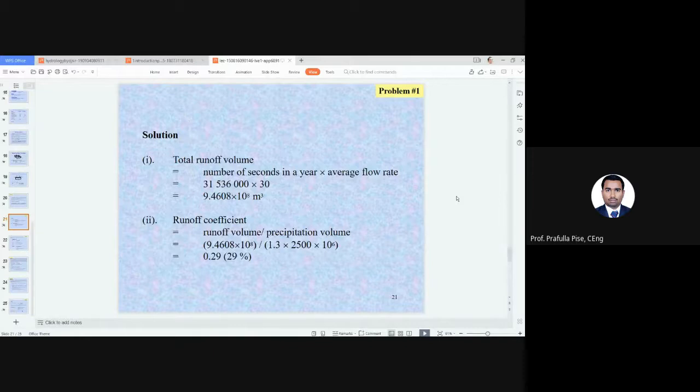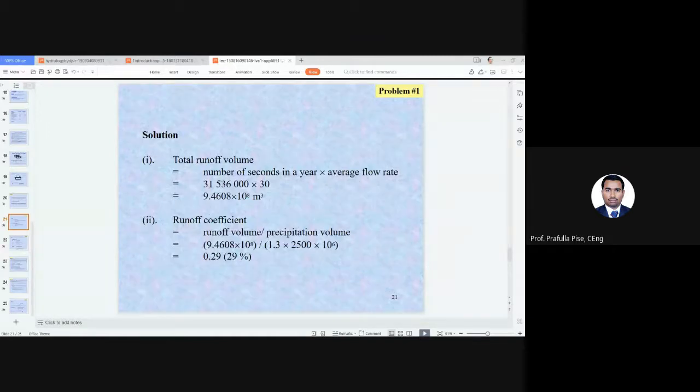Basically you are going to multiply 365 times 24 times 60 times 60. So you will get 31,536,000 seconds in a year.